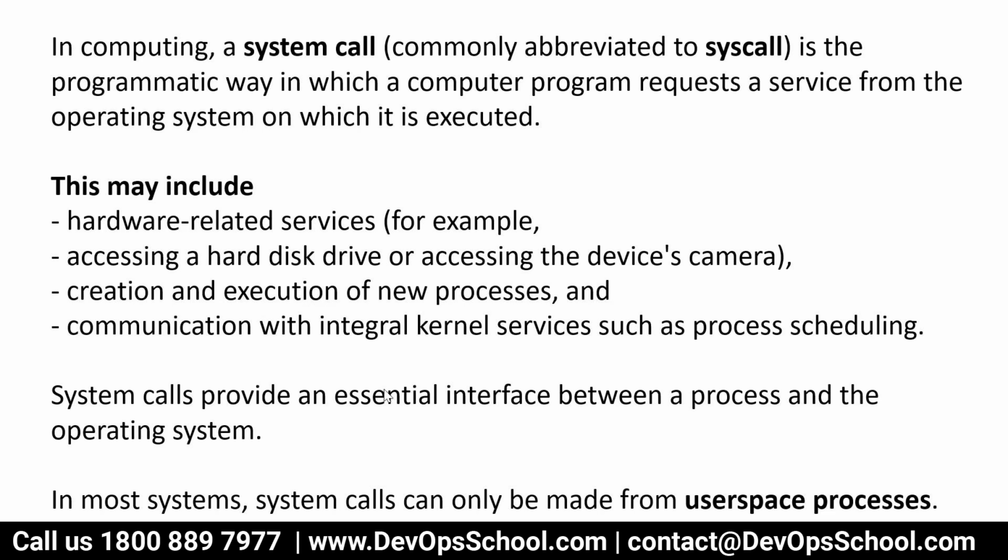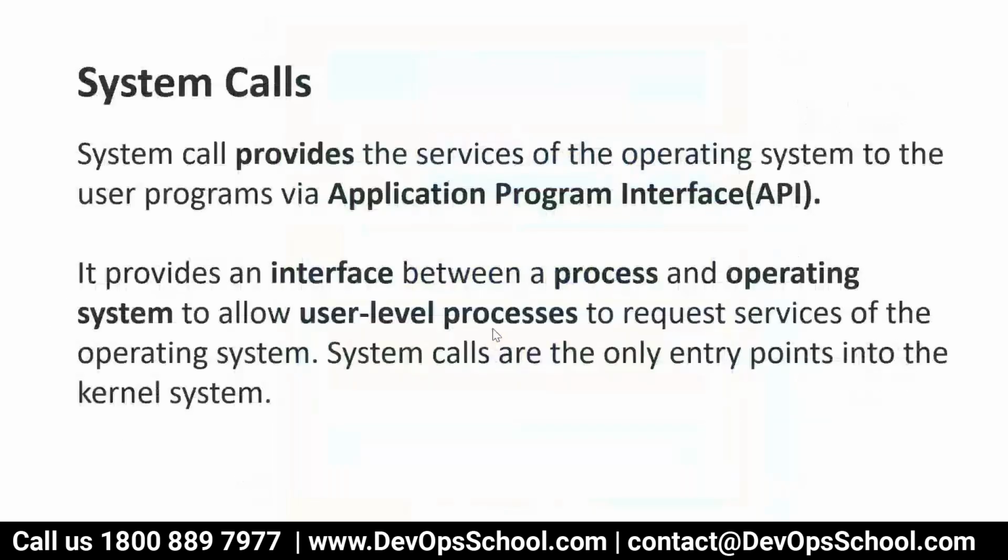Okay, so in most systems, system calls can only be made from user space processes. System calls provide the service of the operating system to the user program via API.